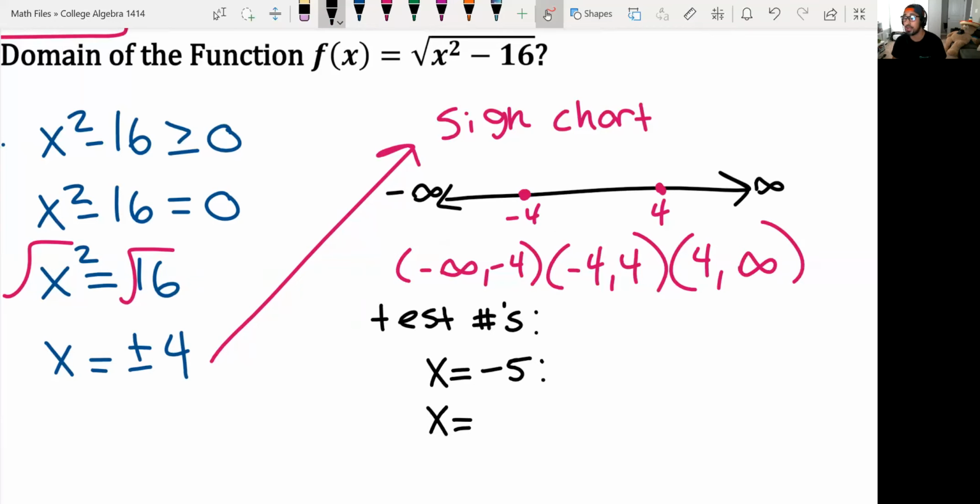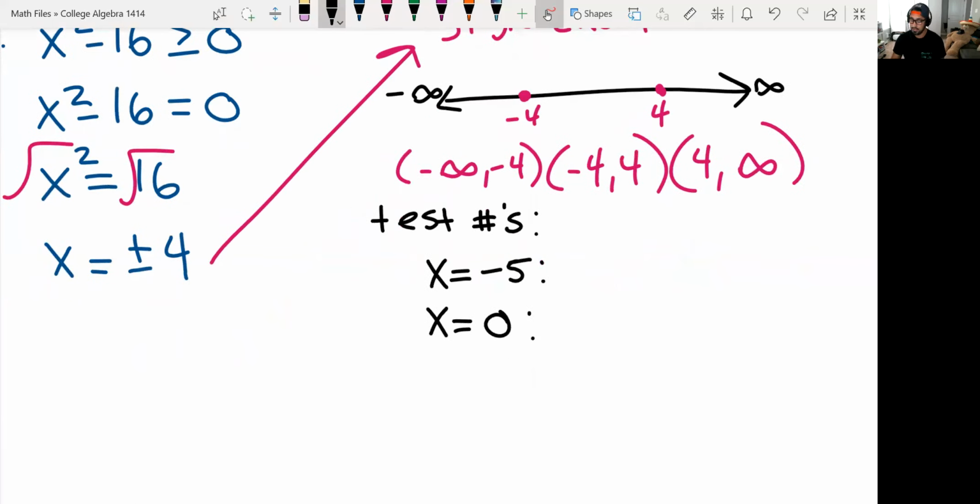The easiest answer is 0. And then I want a number from 4 to infinity. Again, keep it simple, just say 5. If you pick 5, 500, 5,000, 5 million, as long as it's in that interval, we're going to get the same result. But keep it easy and choose 5.